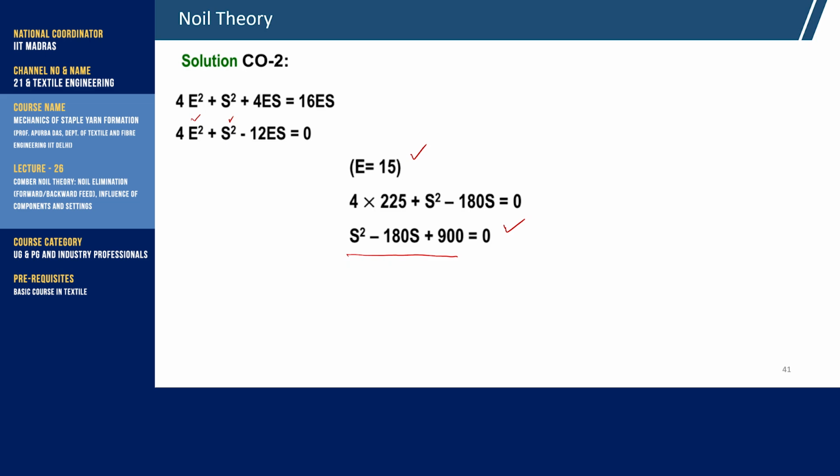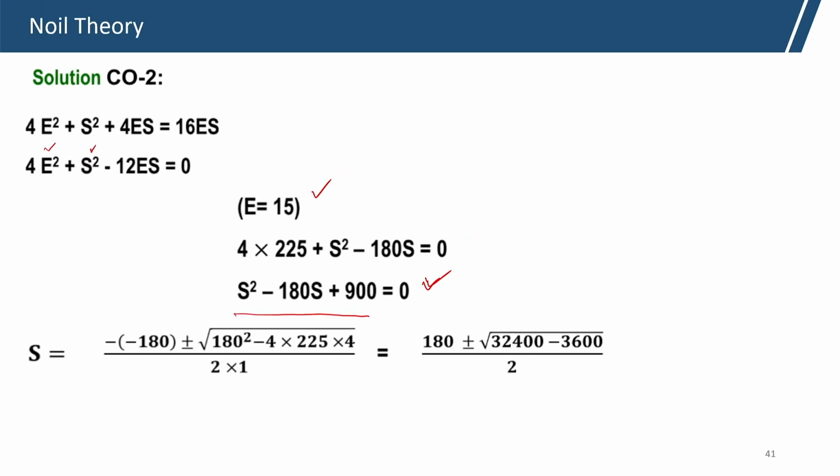So, this is the equation, and if we solve this equation, we will have two values of S. So, 180 plus minus under root 32400 minus 3600, by 2. Now we get the value. S cannot be a negative value, and S cannot be too high.